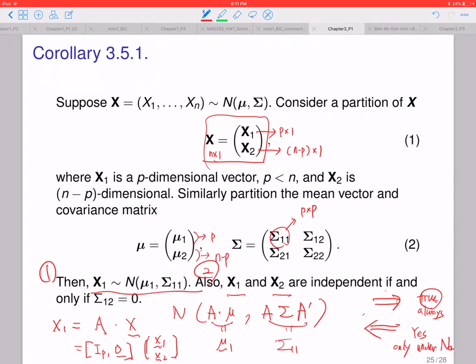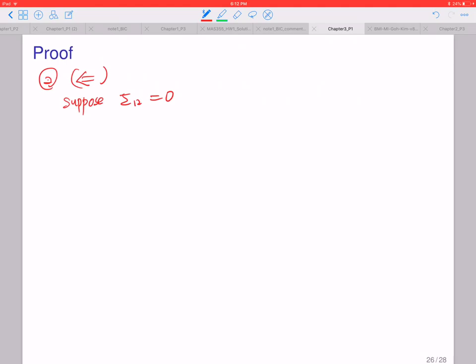In this case, the MGF at T1, T2 is defined to be the expectation of exponential of T1 prime x1 plus T2 prime x2.